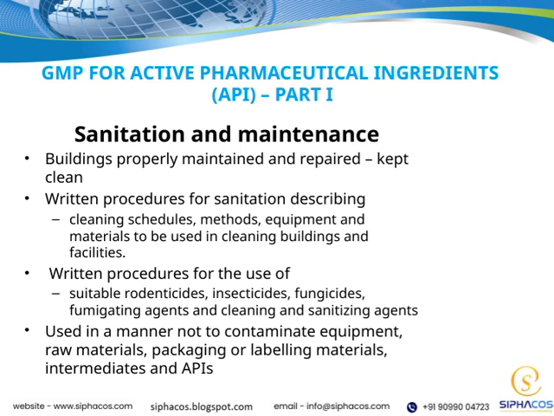Overall, maintaining a clean and well-maintained environment is fundamental to GMP compliance and to producing high-quality active pharmaceutical ingredients. It's about integrating sanitation into the overall quality system, ensuring every step is controlled and documented.